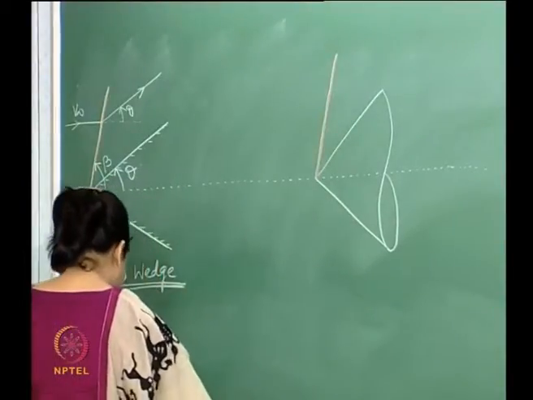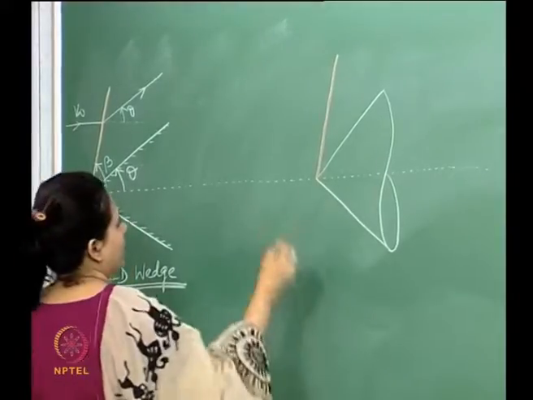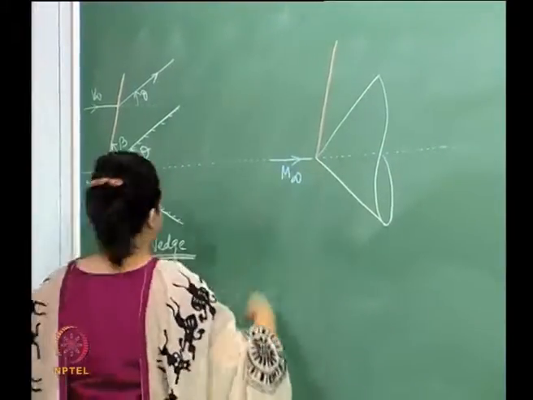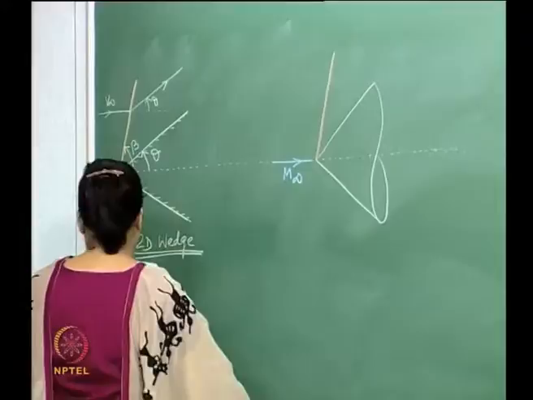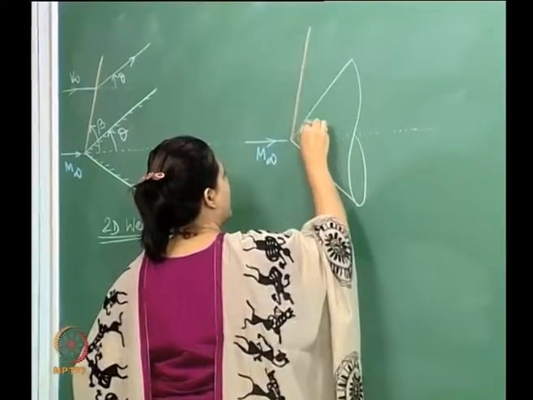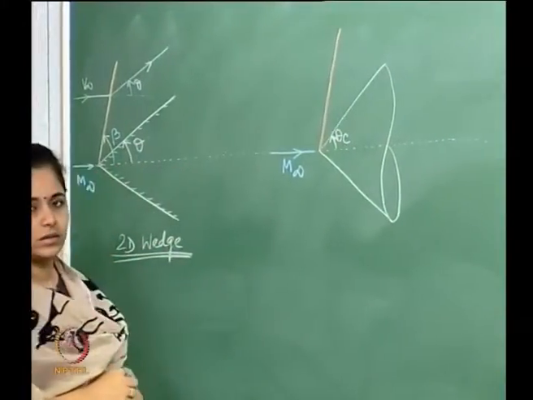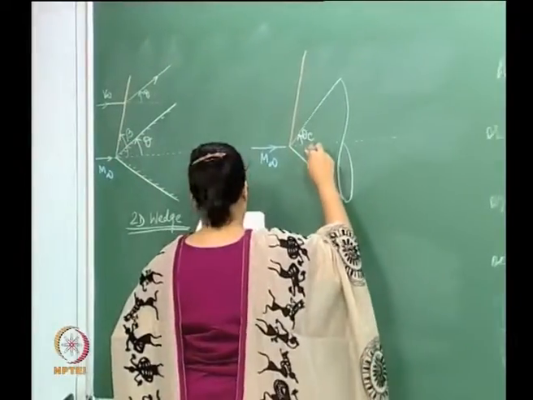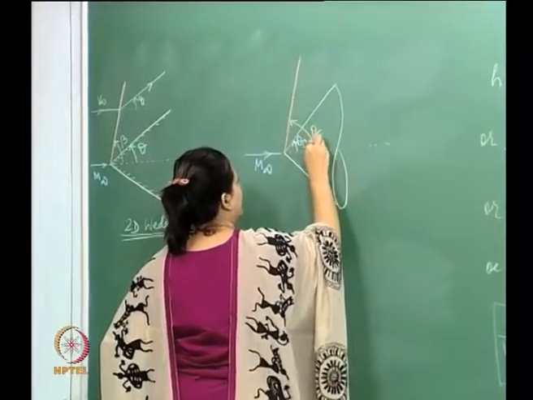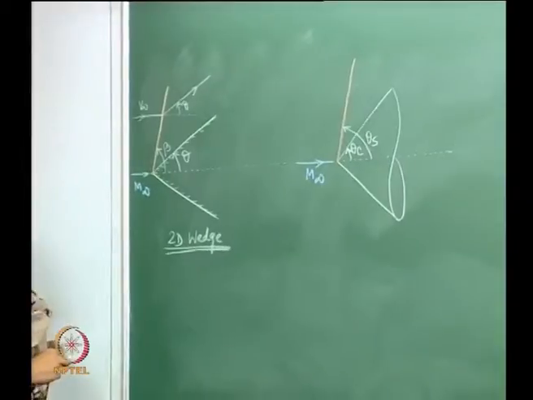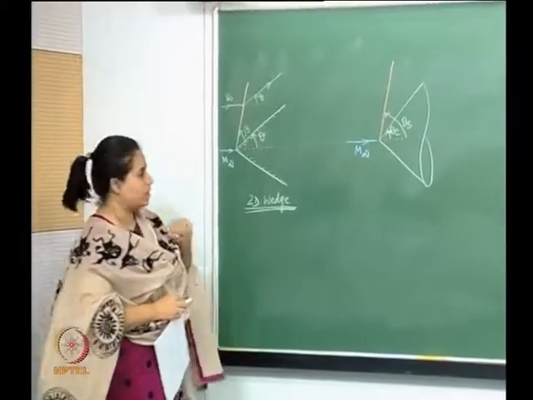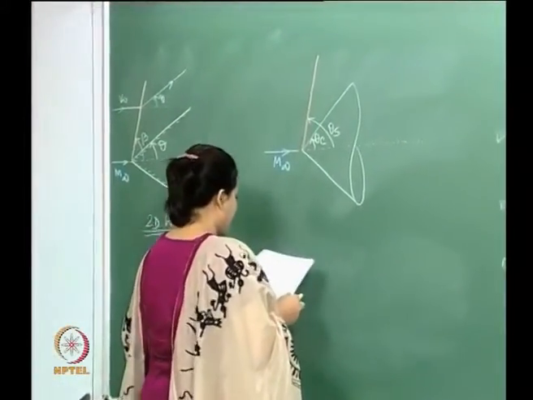Okay, this is a shock wave, and we have the free stream coming in here. Now this is my half cone angle, and this is the shock wave angle. You see the difference, this is analogous to the beta over here, the shock wave angle.